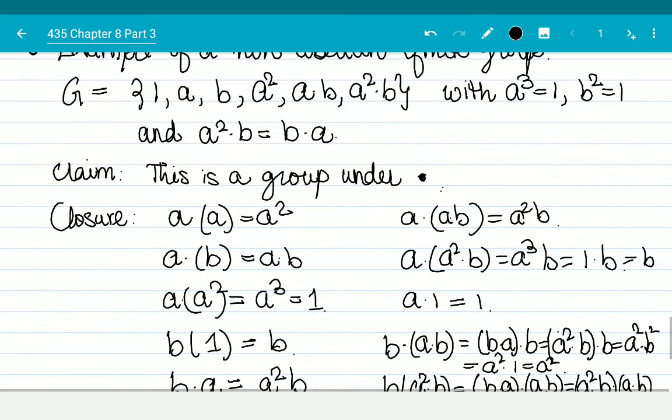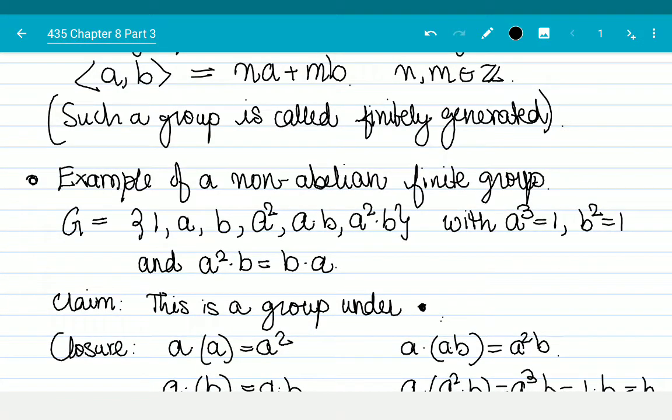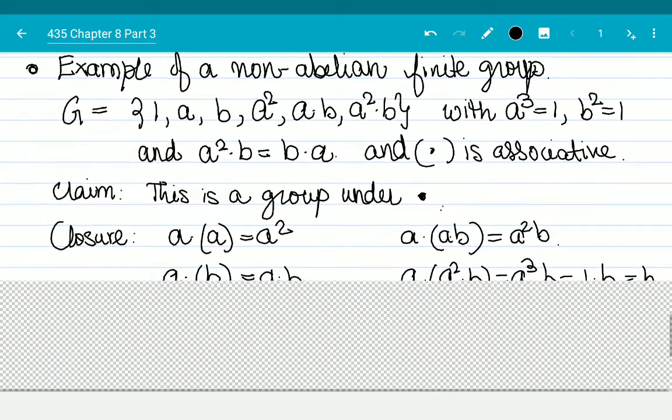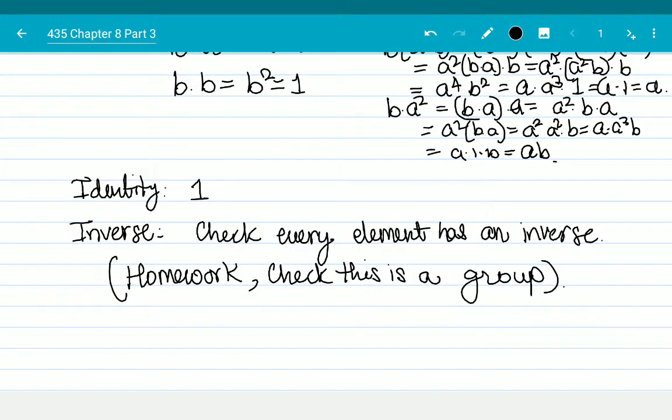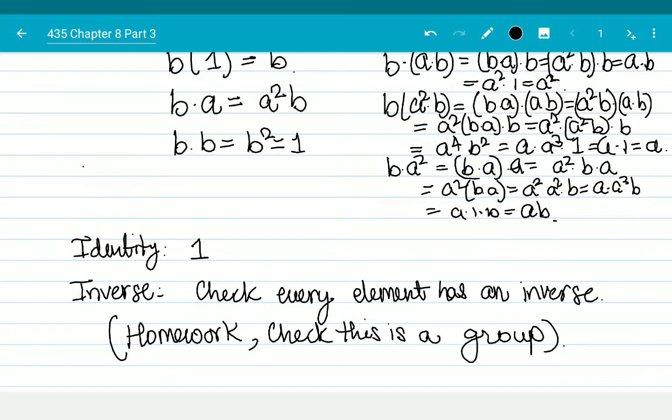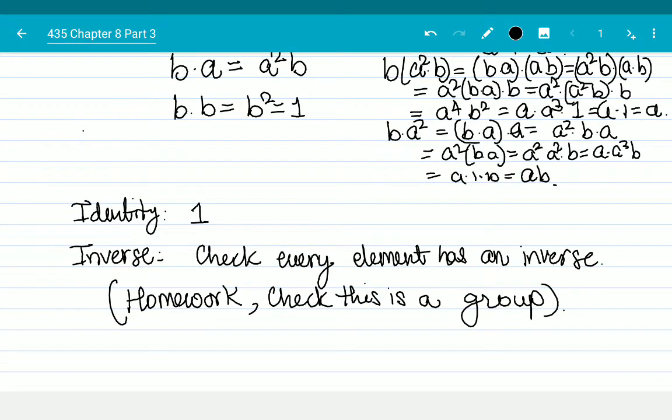You have to assume that dot is associative, so you're given that dot is associative, otherwise you can't make use of things. But otherwise you have to check all these three conditions, and I'm leaving you to check that the other two conditions hold, that is to say, closure works out for every single element, and that every element has an inverse.